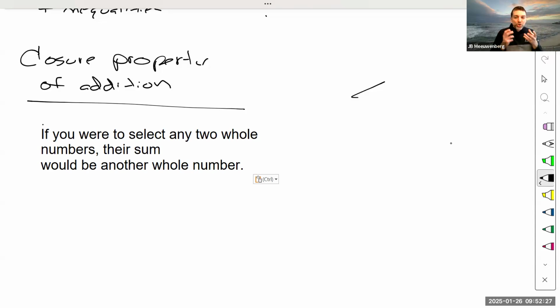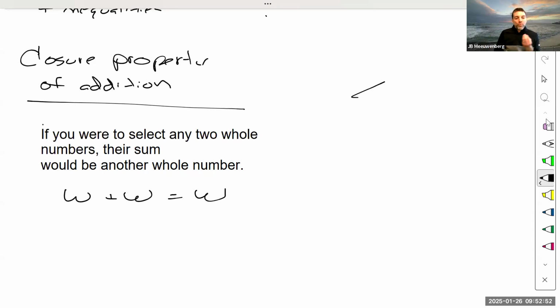Closure means that if you start with two numbers of some category and you do the operation, then you end up with a number in that same category, or we'll call it a set, because we've been working with sets. If you start with a whole number and you add another whole number, you're going to get another whole number always.